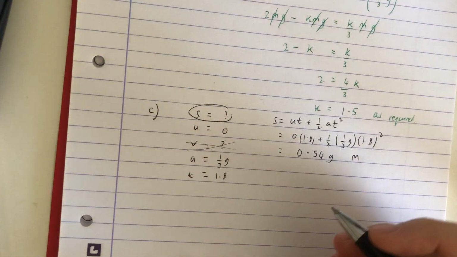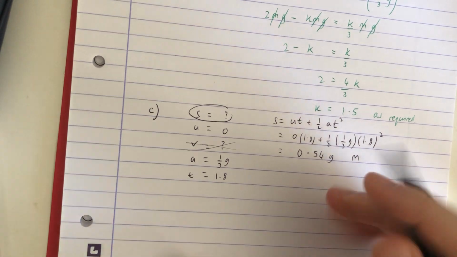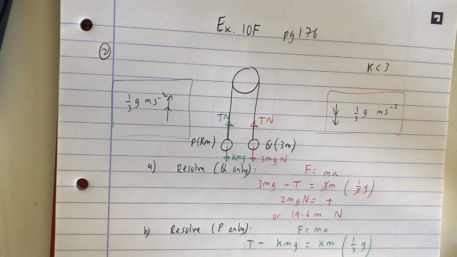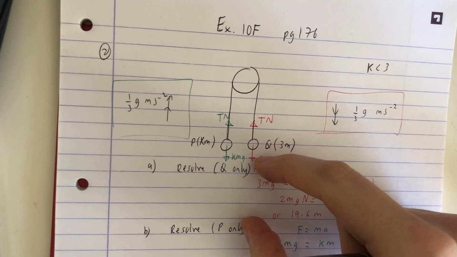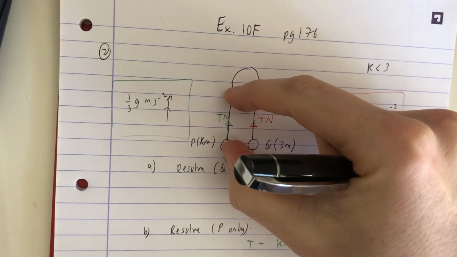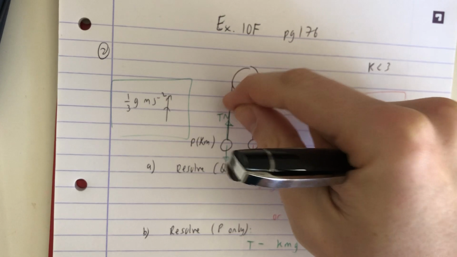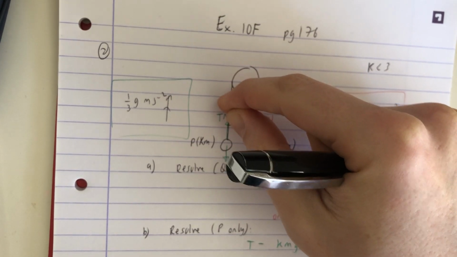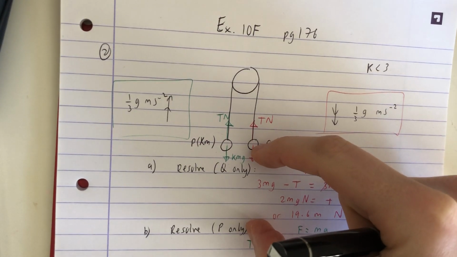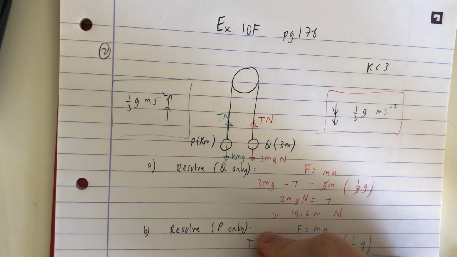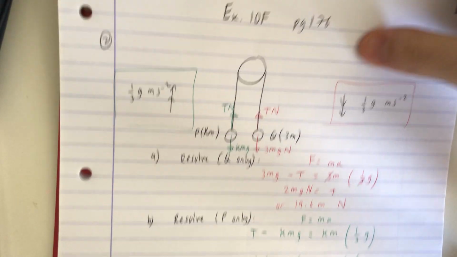Now, go back to the diagram. Q drops 0.54 g meters. P goes up 0.54 g meters. But at the top, P is going to have a velocity, and that velocity is going to be the same as what Q's was when it hit the ground. So I'm going to work out the velocity of Q as well.